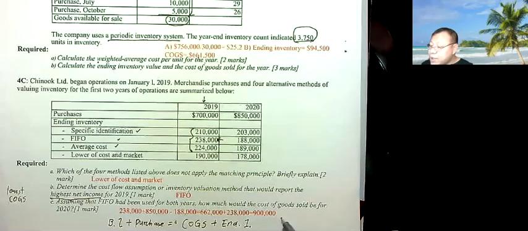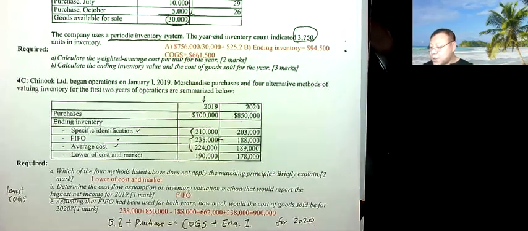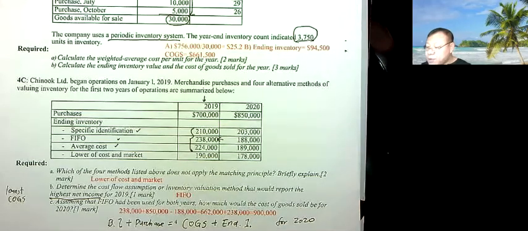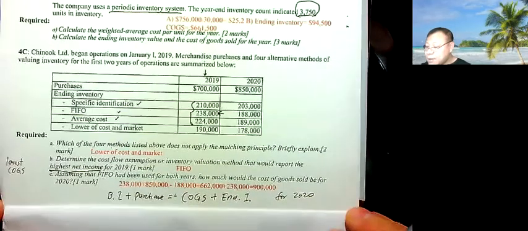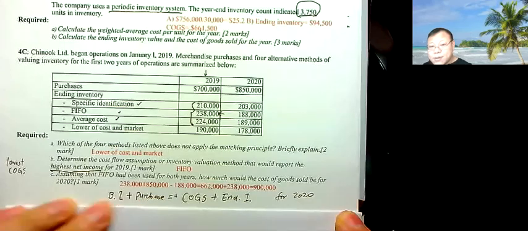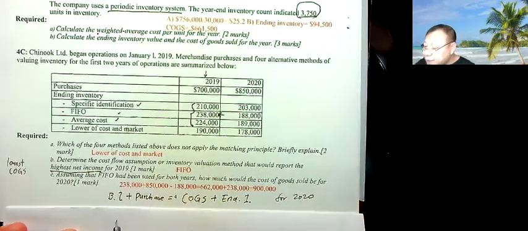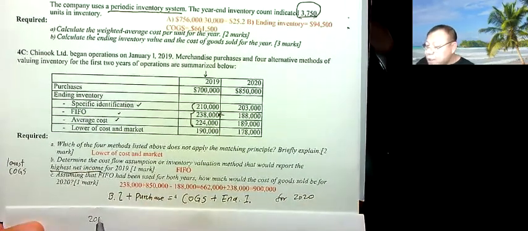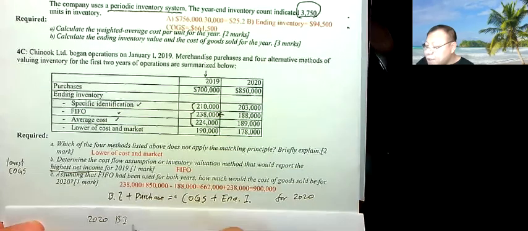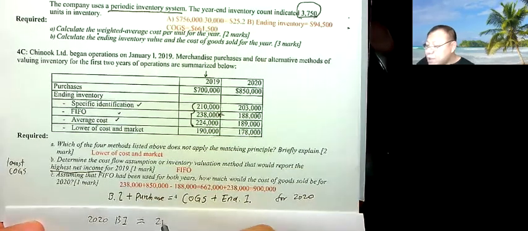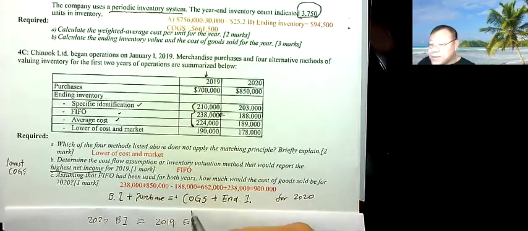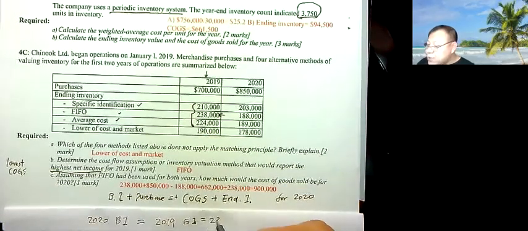So for year 2020, what's your beginning inventory? The 2020 beginning inventory is the 2019 ending inventory, which is 238,000.